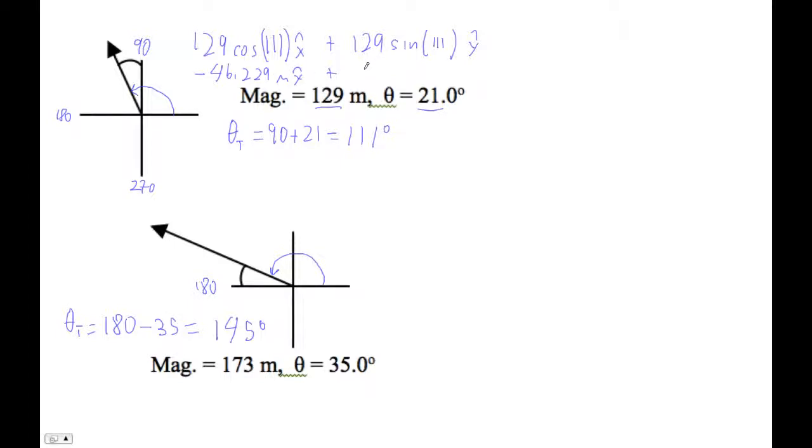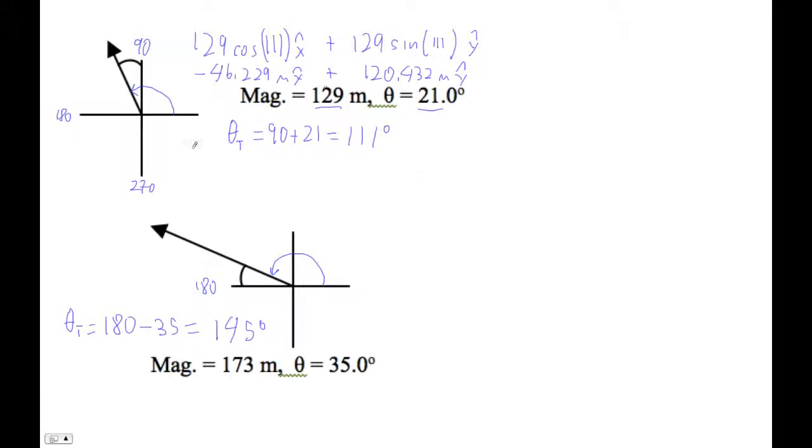Then this guy is 129 sin 111, 120.432 meters in the y direction. Yeah, indeed it is. So there it is, and I'm carrying crazy amounts of sig figs. You could be lazy or something.